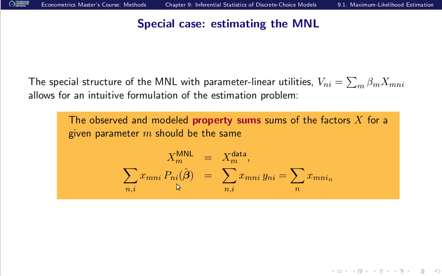Here of course we need to do really the sum, because for each alternative the discrete choice model will give some finite probability. On the right hand side is the data realization.